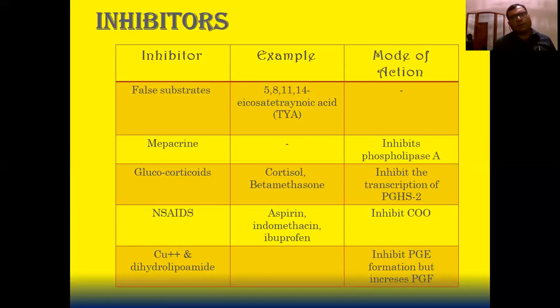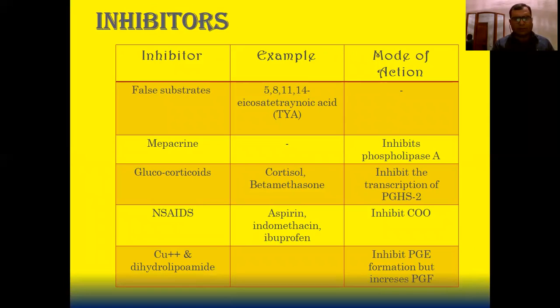which is then inhibited by false substrates like 5,8,11,14-eicosatetraynoic acid (TYA). These have no effect, and mepacrine inhibits phospholipase A2. Glucocorticoids, cortisol, and betamethasone inhibit the transcription of prostaglandin 2.